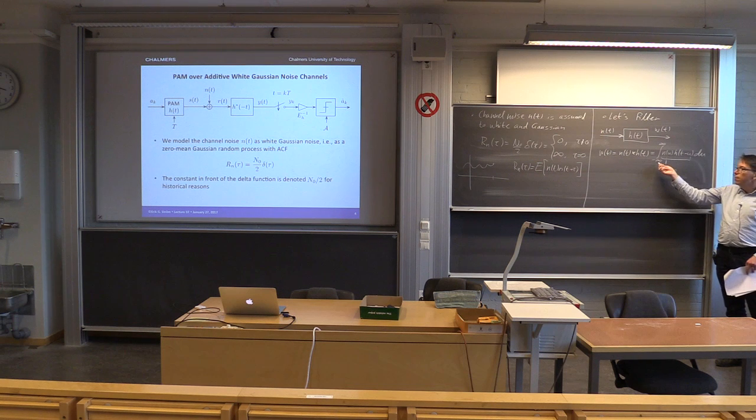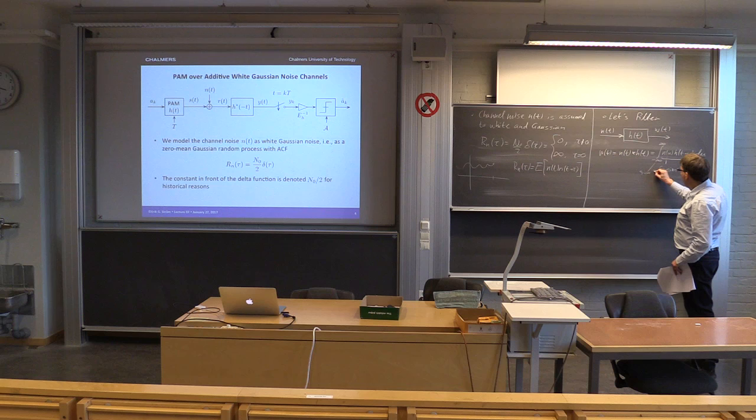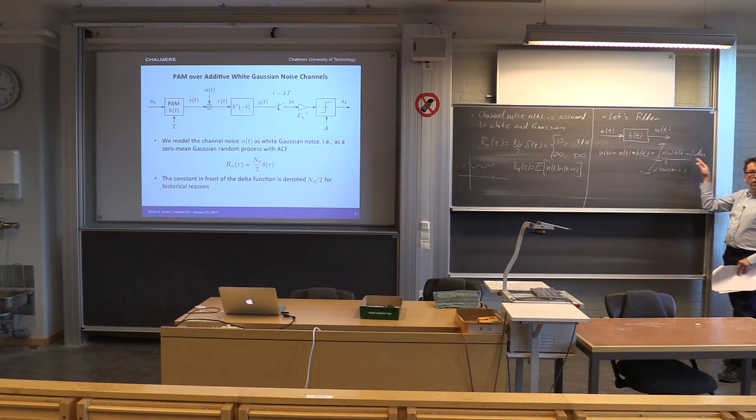Okay, so what happens if we integrate then a Gaussian process? Well, integration, what is that really? Well, it's a sum, right? It's a limit of a sum. So we can think of this as being a sum of Gaussian random variables, the whole thing.